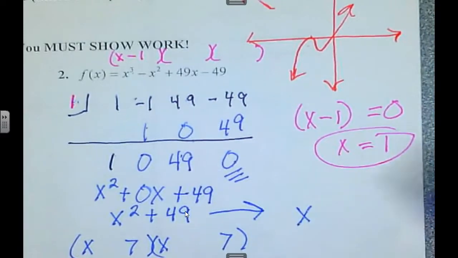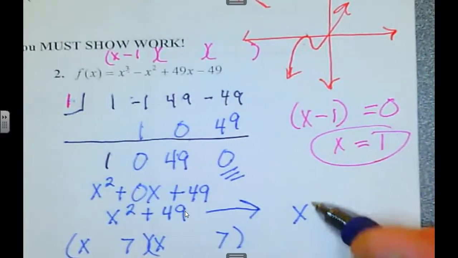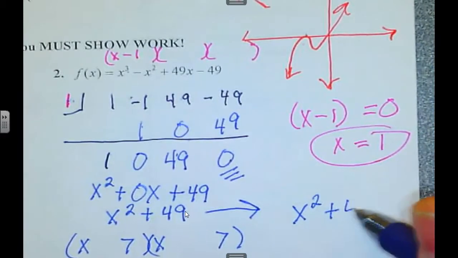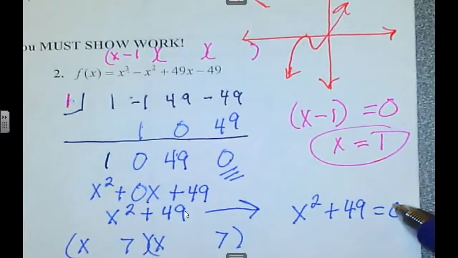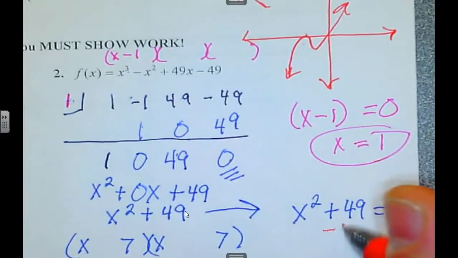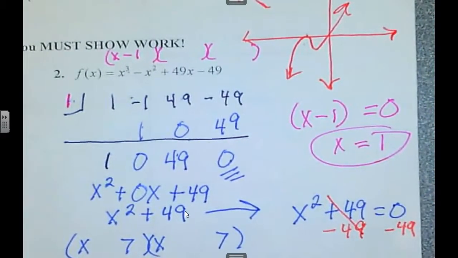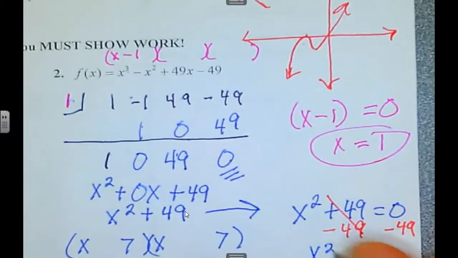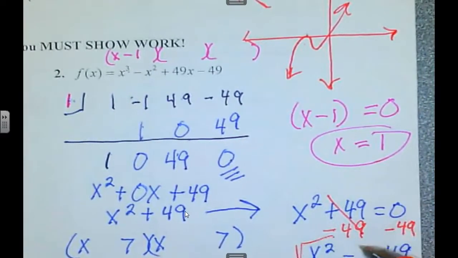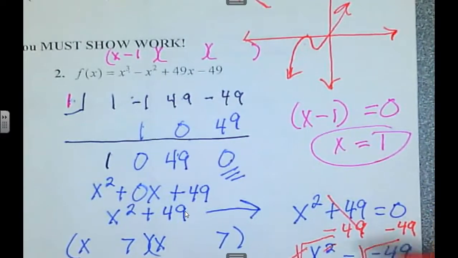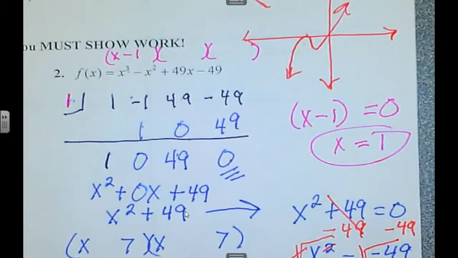I'm going to set this equal to zero and solve it. x squared plus 49 equals 0. I'm going to subtract 49 from each side. Okay. I get x squared equals negative 49. How do I get rid of the power 2? Now remember, I can't square root negative numbers.